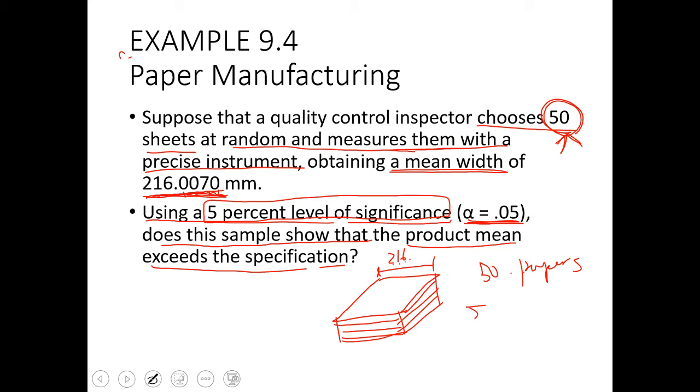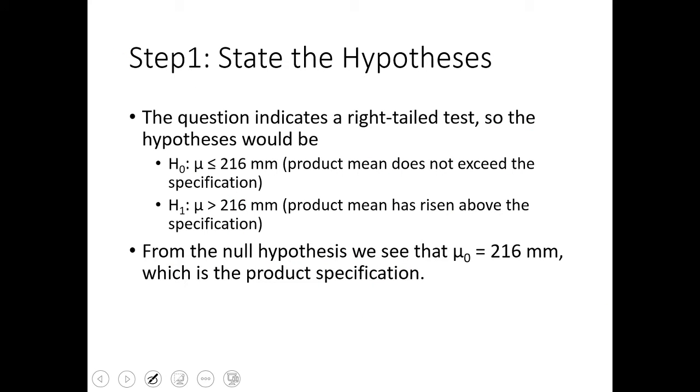We take the 50 sample papers and obtain that the mean width is 216.0070, and the sample standard deviation was 0.0230. So does this product mean exceed the specification? That is the problem. The question indicates the right-tailed test because we say that it exceeds the specification. Our specification is 216 millimeter.